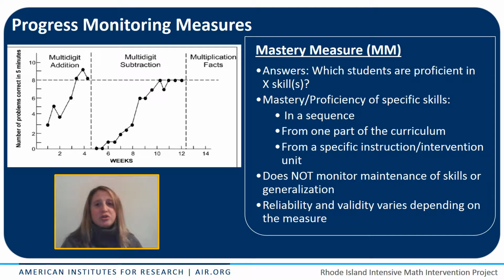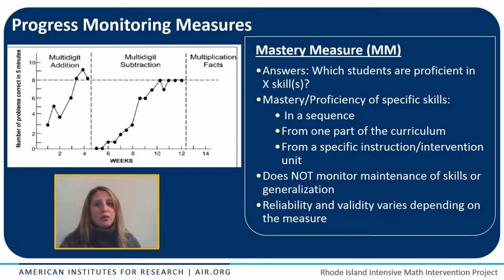When monitoring students' progress, which is often more informal, we often use mastery measures. What do we use mastery measures for? We use mastery measures to determine students' proficiency of a specific skill in a sequence. Look at the graphic on the left of this slide.